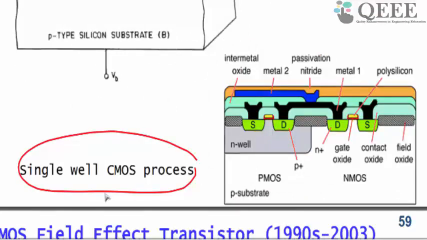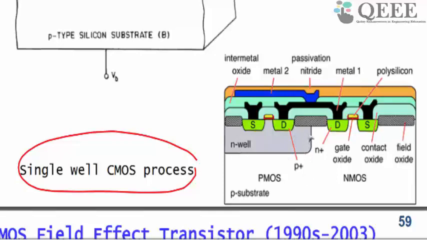In CMOS you need both NMOS as well as PMOS devices. So how do you put both NMOS and PMOS on the same chip? Their substrates need to be different. One way is to create a separate well inside the substrate. In this case, all the PMOS devices sit in something known as an N well.